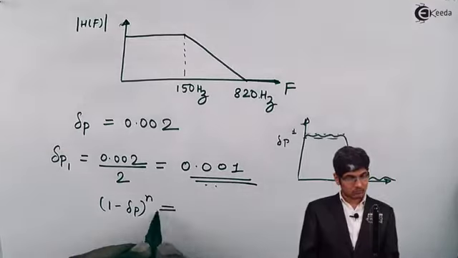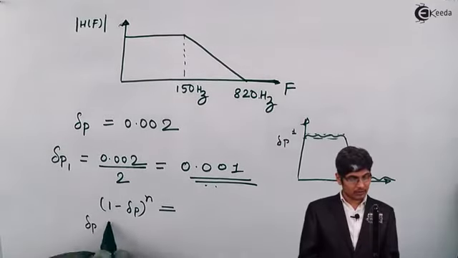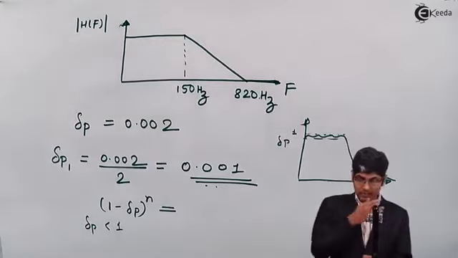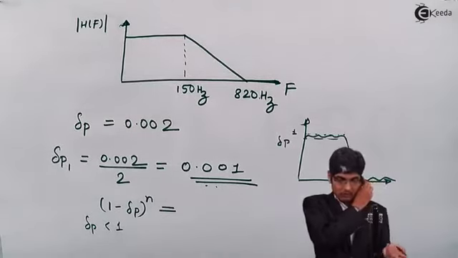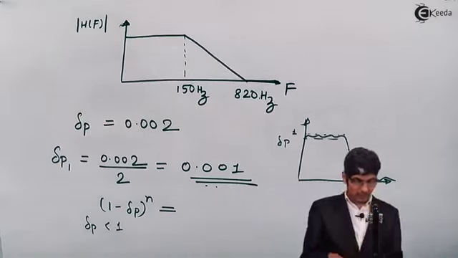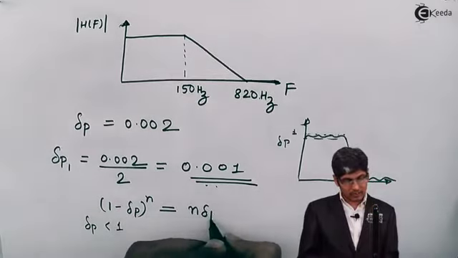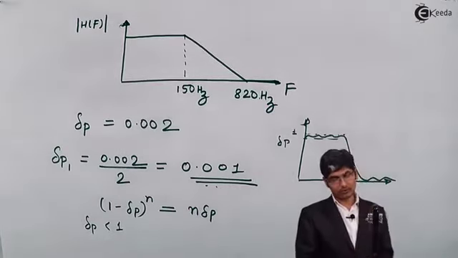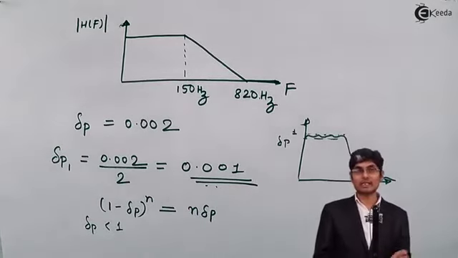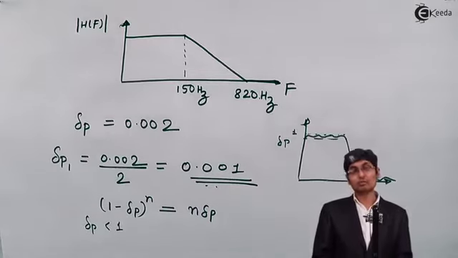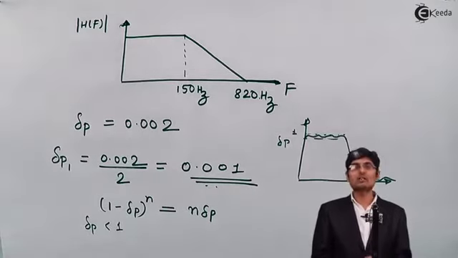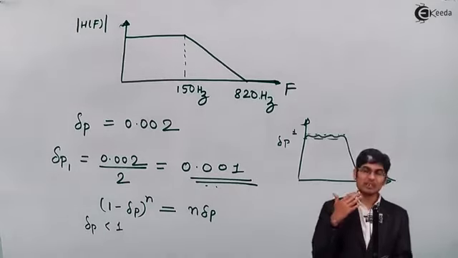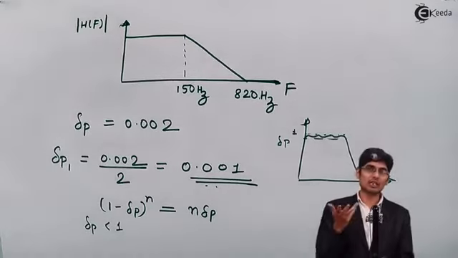Because delta P is less than 1, I will expand it using binomial expansion, and equivalently I get n times delta P. If you expand this, there will be higher terms, but because delta P is fractional, the higher order terms will be very, very small and insignificant, so we can neglect them.